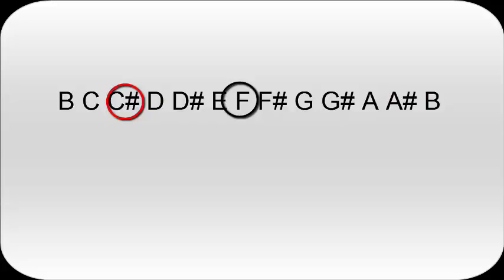In both cases, the interval resolved where each note moved opposite of the other. So, if the root note moved down, then the upper note moved up. Or if the root note moved up, the upper note moved down.